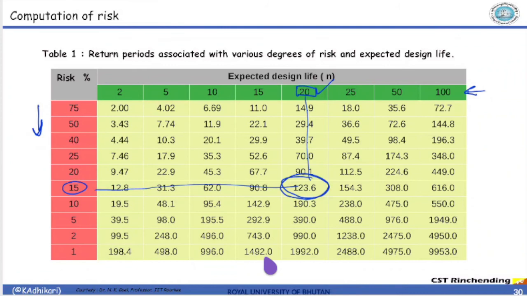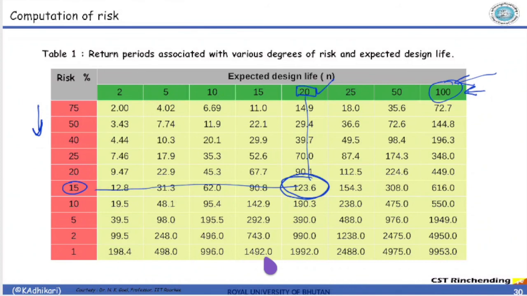That's why in our class I have always said that for the most important structures, usually a return period of 1,000 years is considered. Important structures are usually constructed for 100 years.